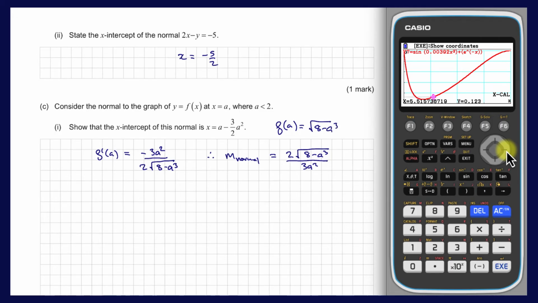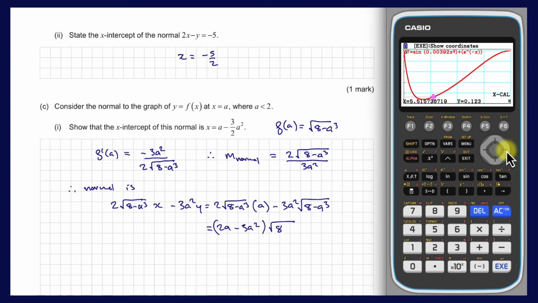So now using that same formulation, but obviously with a few more symbols involved, our normal is 2 by the square root of 8 take a cubed x minus 3a squared y equal to 2 by the square root of 8 take a cubed times by a minus 3a squared times by the square root of 8 take a cubed, which equals 2a minus a squared outside of a common factor of 8 take a cubed.